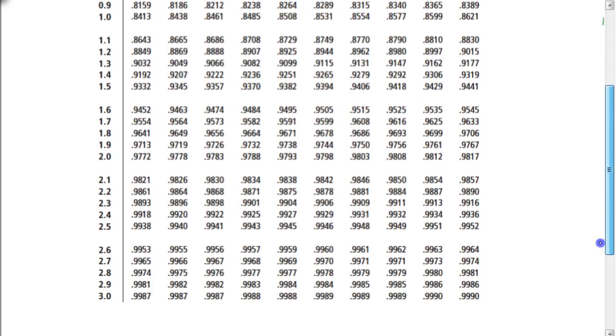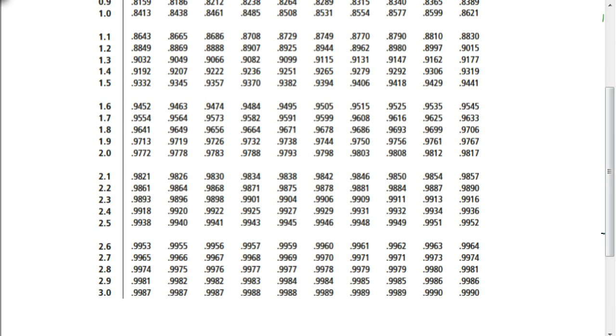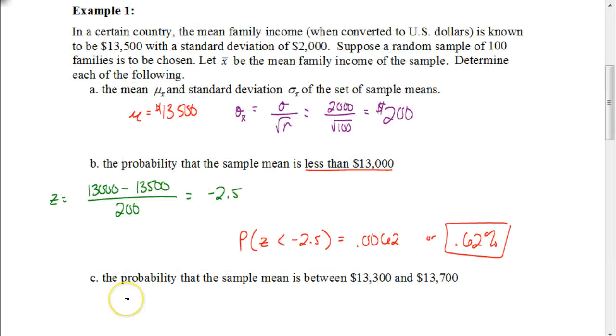Remember, negative 2.5 is not going to be on this table, but if we look at positive 2.50, we get 0.9938. That represents everything to the left of 2.5. To the left of negative 2.5, we subtract that value from 1, which gives us 0.0062, which is the same as 0.62%.